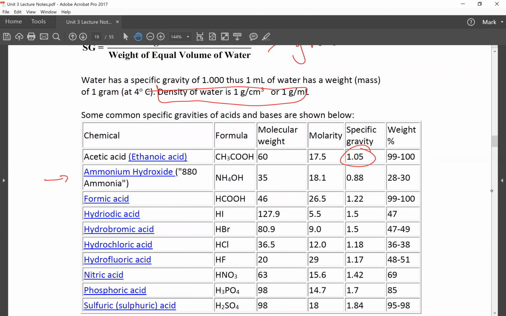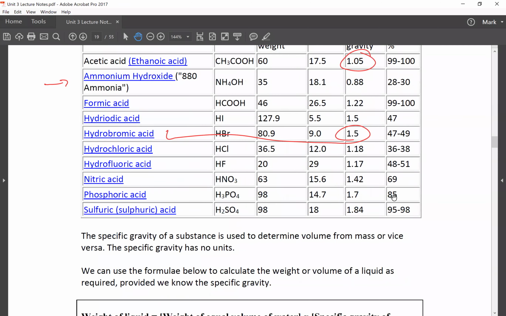Something like hydrobromic acid, 1.5, so it's significantly more dense than water. The weight of hydrobromic acid would be way more than the weight of the same amount of water, by about 50%. Okay, sulfuric acid would be about 84% more dense.